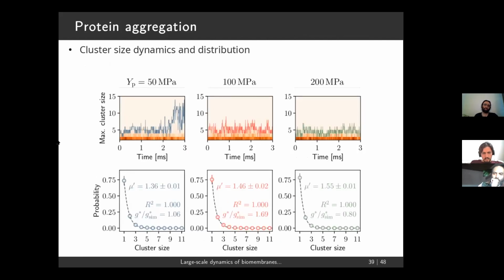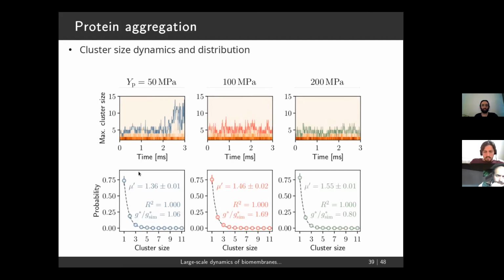And here you see the maximum cluster size as a time series for these different protein stiffnesses. Again, you see a strong dependence. As we expect, for the proteins that had higher interaction strengths, we get larger clusters in time, and smaller for the other cases.